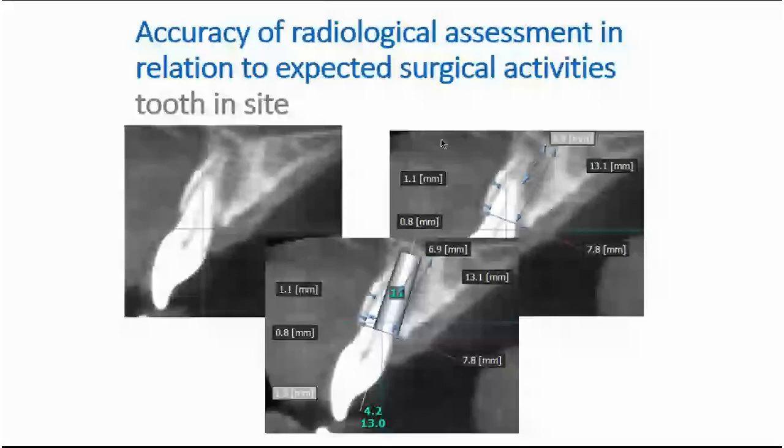Also, even if we do not have a tooth in situ present there, we should know that when we are drilling our implant place, we will make changes. The implant will not appear by itself in the position.